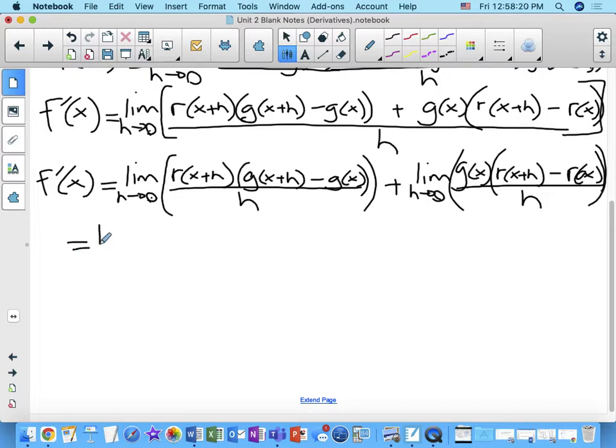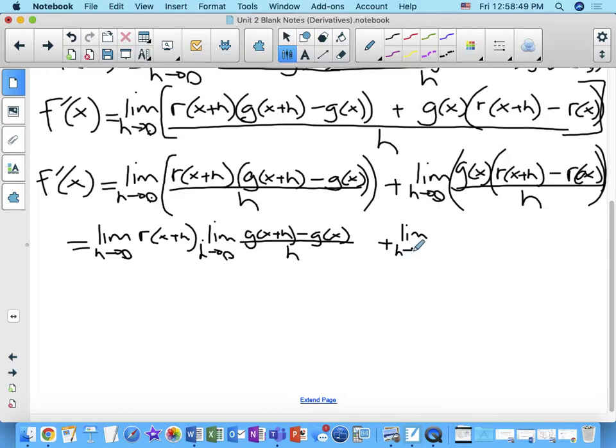I'm going to write this as the limit as h approaches 0 of r of x plus h, times the limit as h approaches 0 of this piece, g of x plus h minus g of x over h, plus the limit as h approaches 0 of g of x, times the limit as h approaches 0 of r of x plus h minus r of x over h.